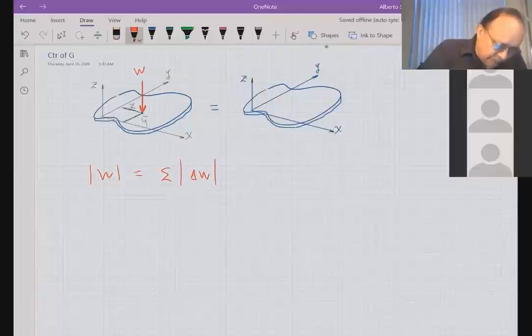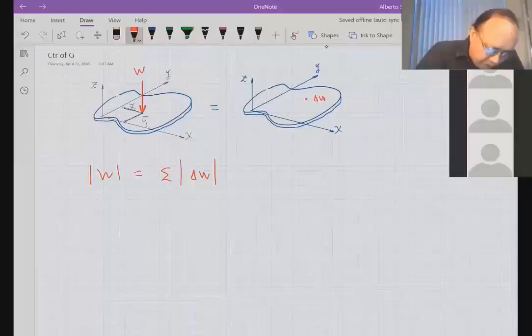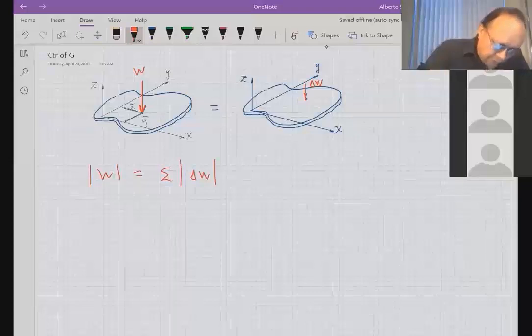If I divide this plate into tiny particles, let's say this point here is one particle, let's call it delta W. So the weight of that particle is this tiny delta W. I know that the location of that delta W is known because it's right where the particle is.